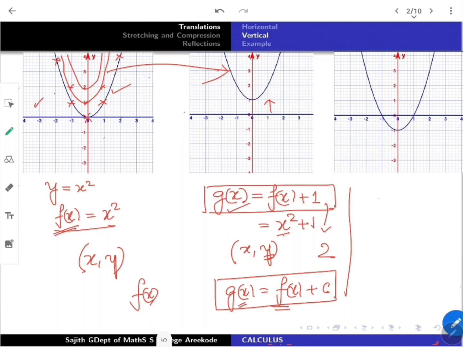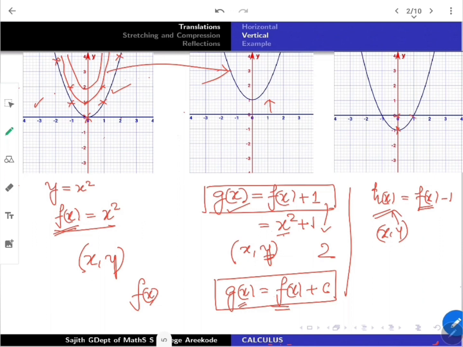Now, instead of f of x plus 1, if I make h of x, for example, the function f of x minus 1, then analogously, while plotting the graph of h of x, whenever x, y are together, y is going to be h of x, and with the y values, we are just subtracting 1. Which means corresponding to 0, originally 0 was there, that was shifted to minus 1.